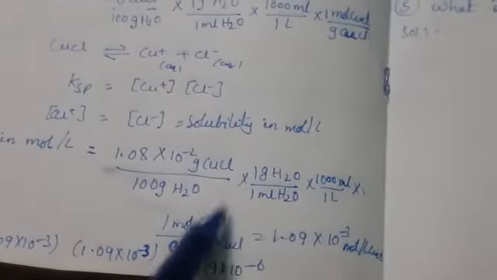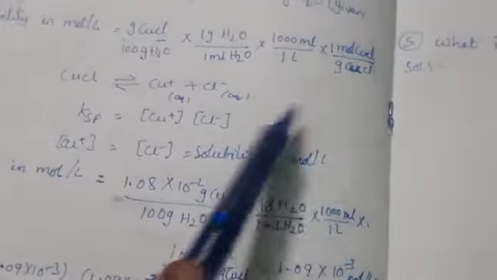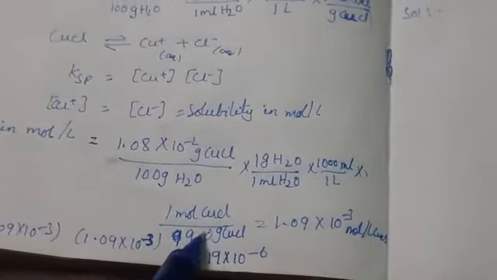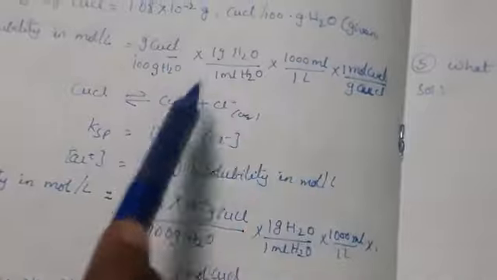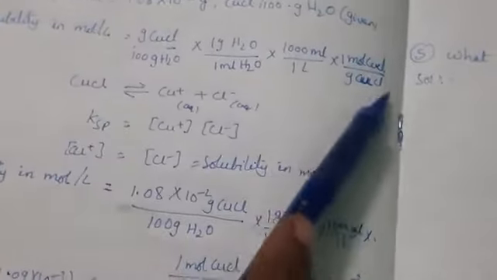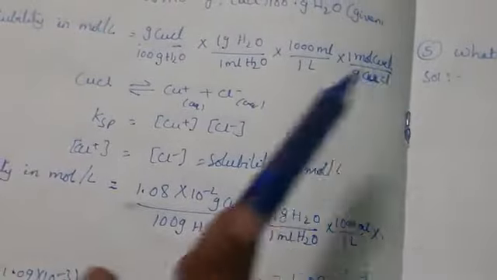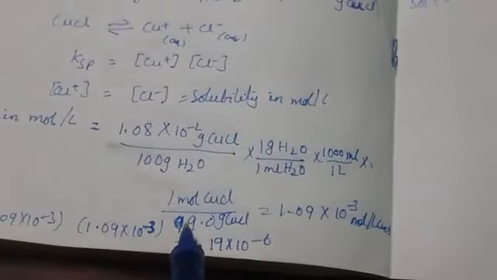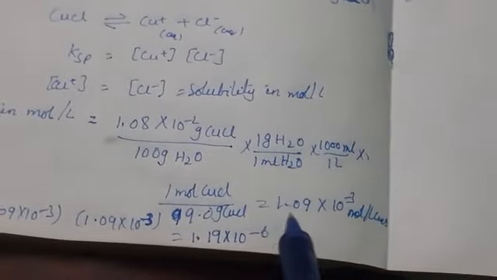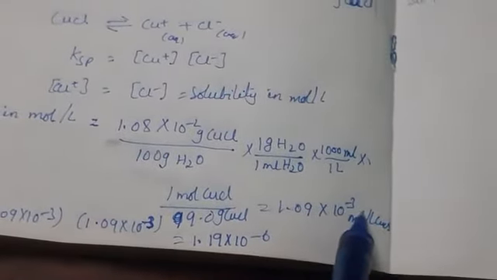After that we write 1 mole of CuCl is how many grams? From 100 we subtract 1, so we take 99.0. After calculating this, you are going to get 1.09 × 10^-3.